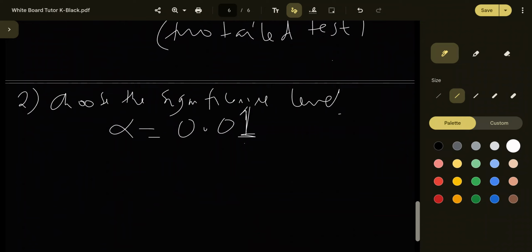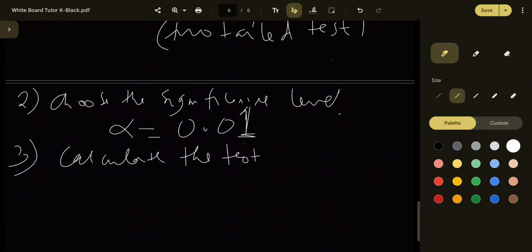Now we have to calculate the test statistic. We want to compute that value and find it. So let's see what we are given on the mean.